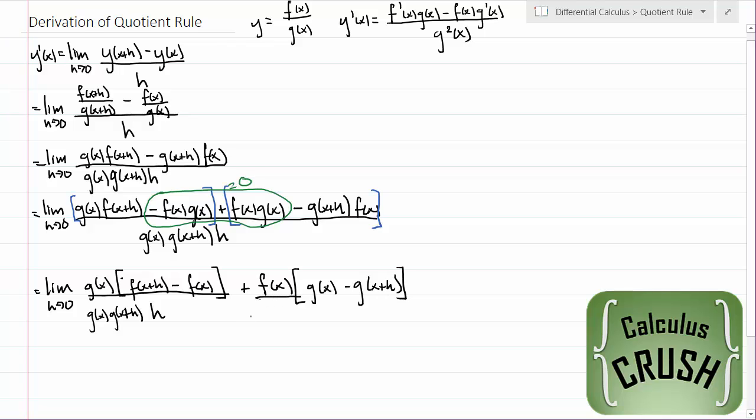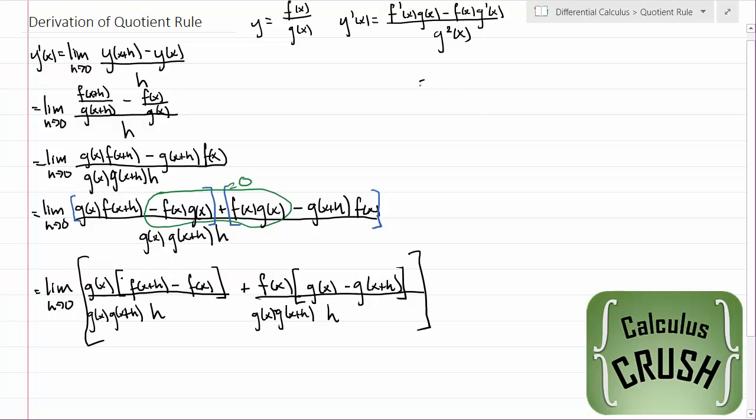And on the bottom here, we've got the same thing, g of x times g of x plus h times h. Okay, so I need big brackets around everything because we have to take the limit of all that. Now what I'm going to do is distribute this limit to each term.